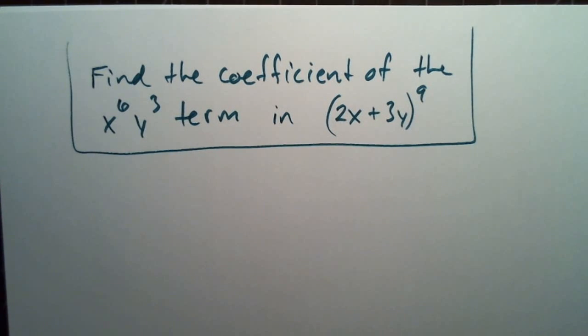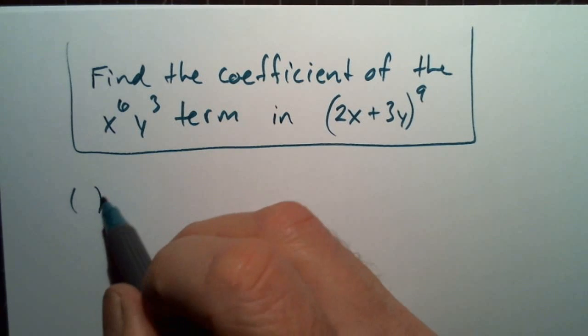So again, it's asking for a specific term. Just start representing the whole polynomial and then go as far as you need to go to get the term that has x to the 6th y cubed. Pause the video and try that one.